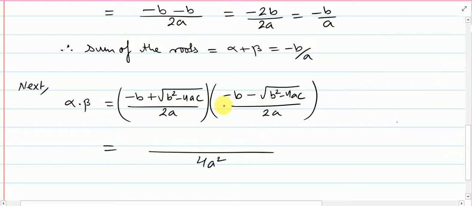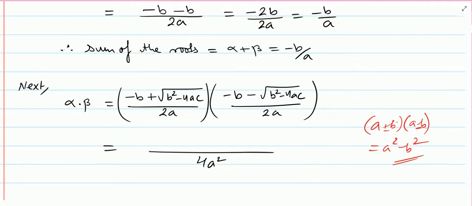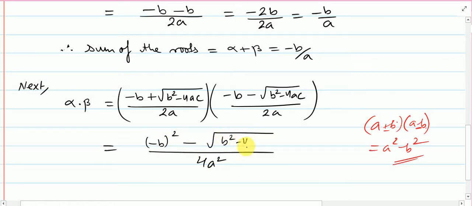Okay, so we will use the formula a plus b into a minus b, which will give you a square minus b square. Okay, because here you can see the only difference is the sign. For the second term, because here plus and here minus, we can use this formula. So using this one, here we'll get minus b whole square, then minus under root b square minus 4ac whole square.